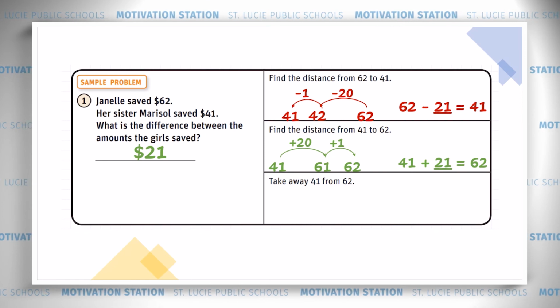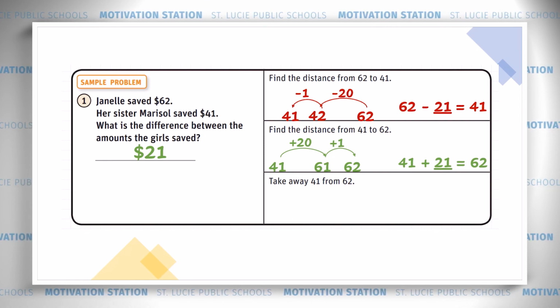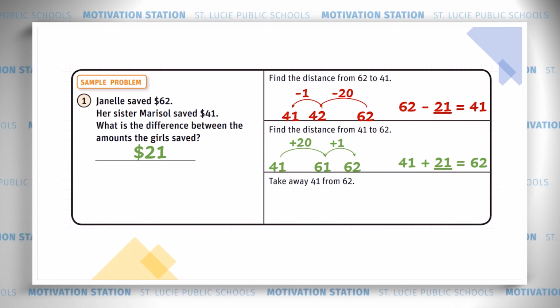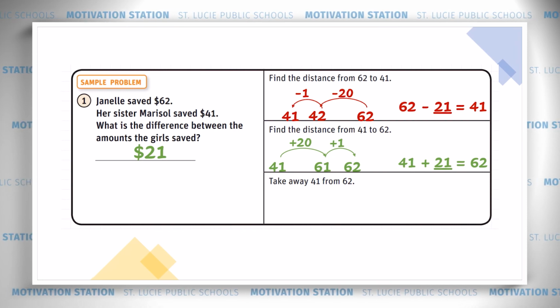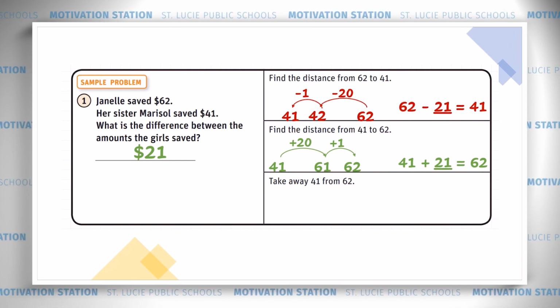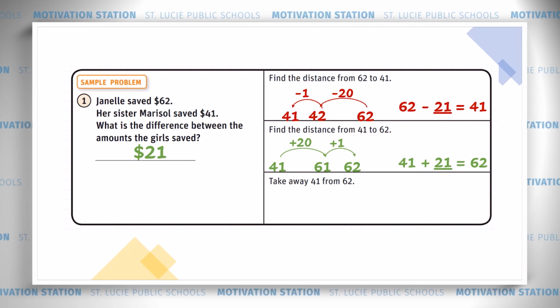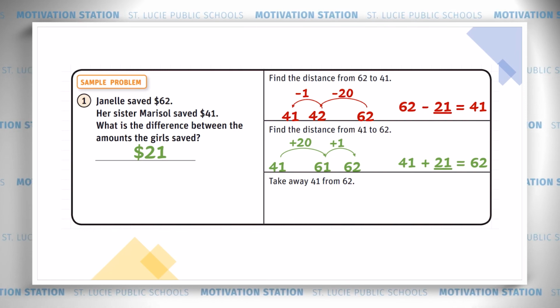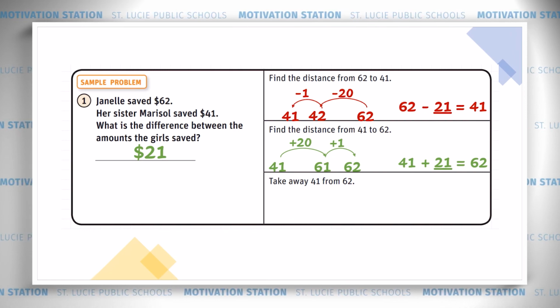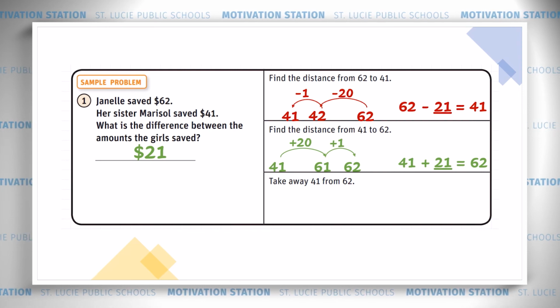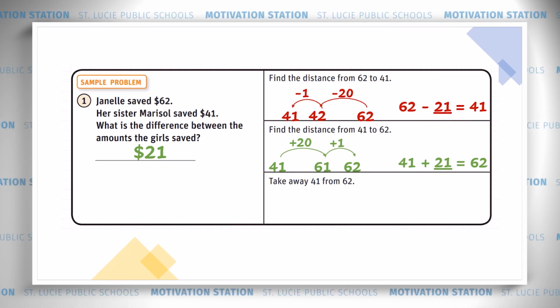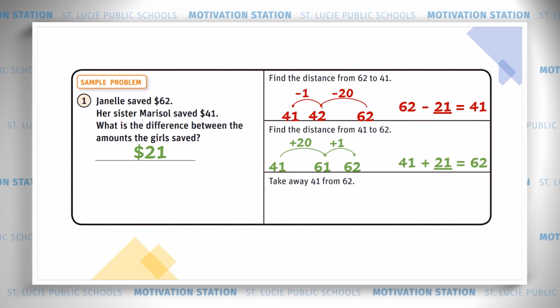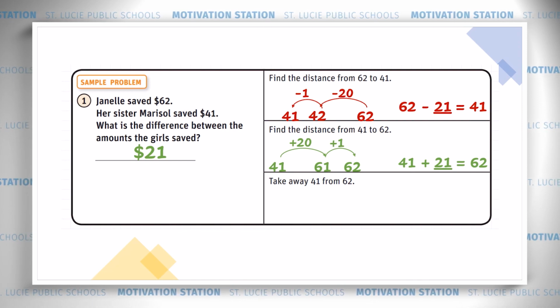Our first subtraction problem, we were getting to 41, meaning we need to find out what our jumps were as we went. Here, we're going to be taking away 41, so our jumps will equal 41, and we don't know where we're going to end up.